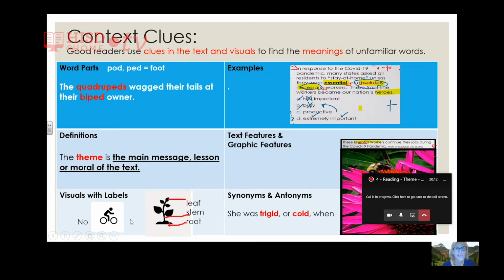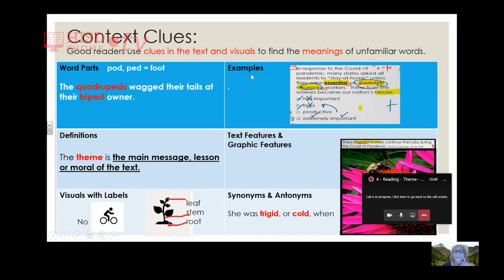It probably means it's pedestrians only, ped. Or you can have some kind of diagram. You're doing this in science and math and reading, and you're saying, okay, this is the leaf, and you point to it. Where's the stem? Oh, there it is. And here's the root. So you're using your diagram and labels, and that helps you determine the meanings.